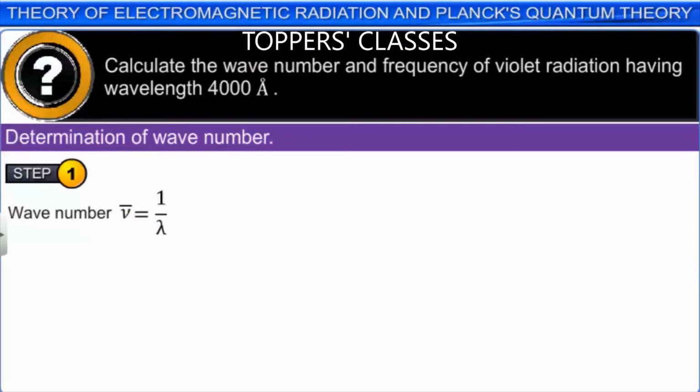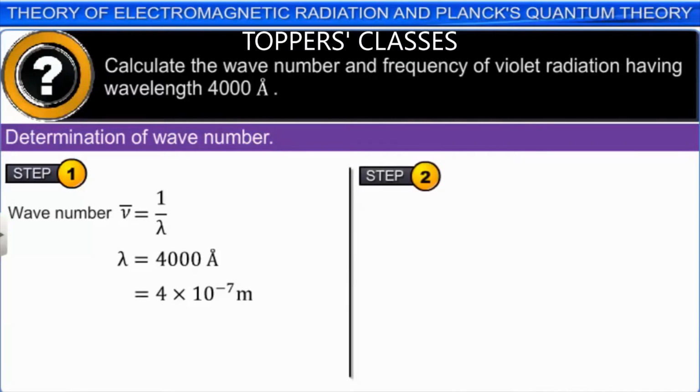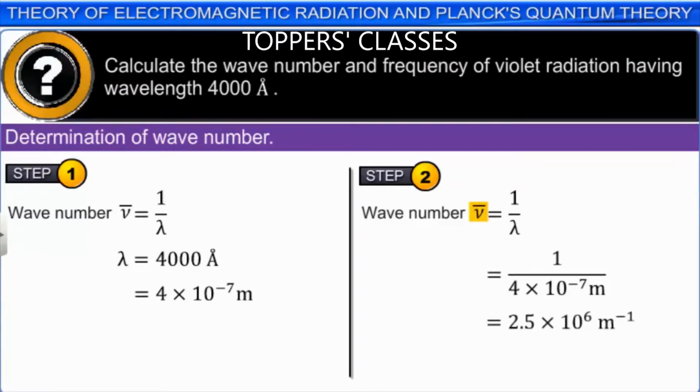The given lambda value is 4000 angstroms, which is equal to 4 multiplied by 10 raised to the power of minus 7 meters. The second step involves substituting the value of lambda in this equation. On solving, we get nu bar is equal to 2.5 multiplied by 10 raised to the power of 6 per meter, or 2.5 multiplied by 10 raised to the power of 4 per centimeter.